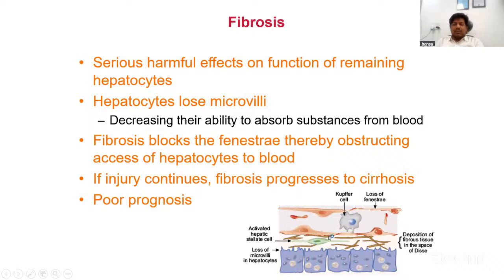When there is injury, the hepatic stellate cells get activated, and this leads to fibrogenesis. Fibrogenesis leads to collagen fiber deposition and decreased fenestration of the sinusoid, which leads to decreased blood flow, or oxygen, to the hepatocytes.